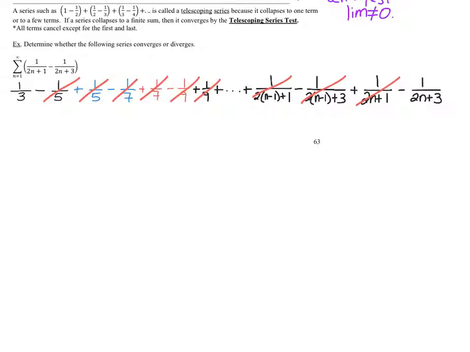If I distribute the 2, 2n minus 2 plus 3. Negative 2 plus 3 is 1. So this would simplify down to 2n plus 1, negative 1 over 2n plus 1, positive 1 over 2n plus 1, cancels away. So all of this cancels right on down to 1 over 3 minus 1 over 2n plus 3.